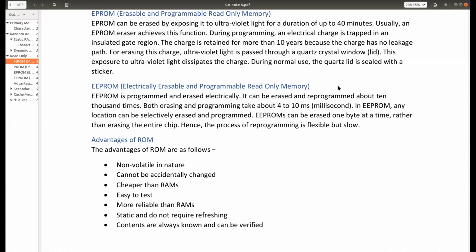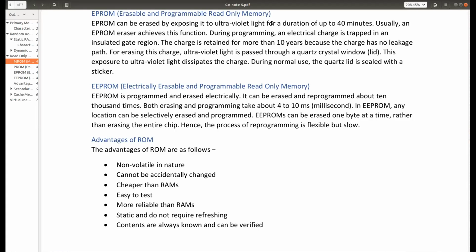In the previous case, in case of EPROM, we have seen that we are erasing the ROM by bringing it under the exposure of a strong ultraviolet light, which is not so easy a task. The difference between EPROM and EEPROM is that in case of EEPROM, you can do the same thing simply by using some electrical charge.